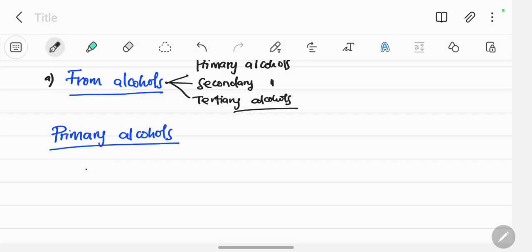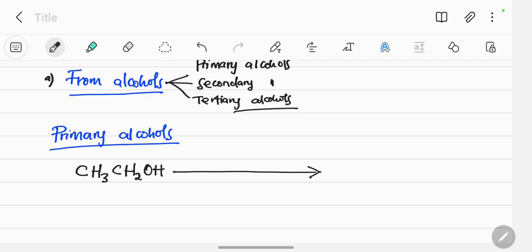We can have an example of a primary alcohol, which is CH3CH2OH, and we shall call it ethanol.